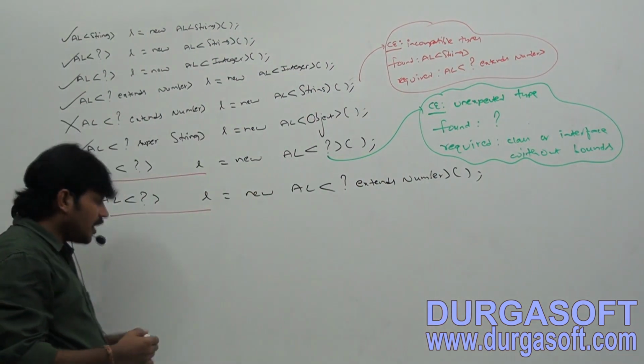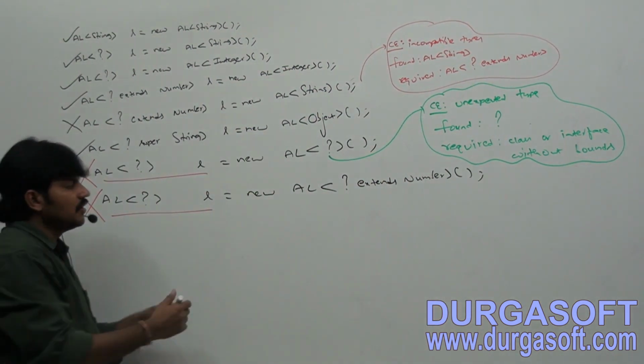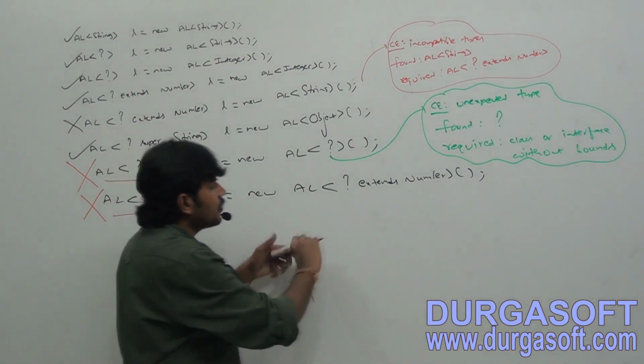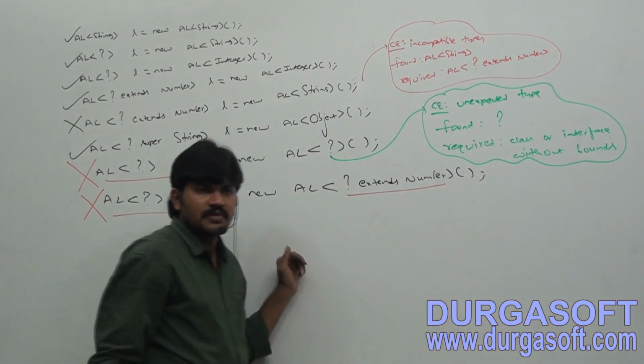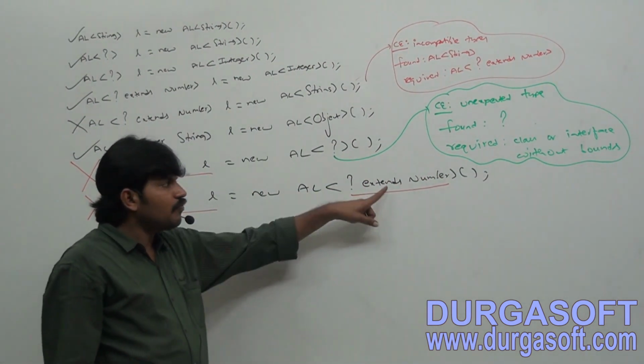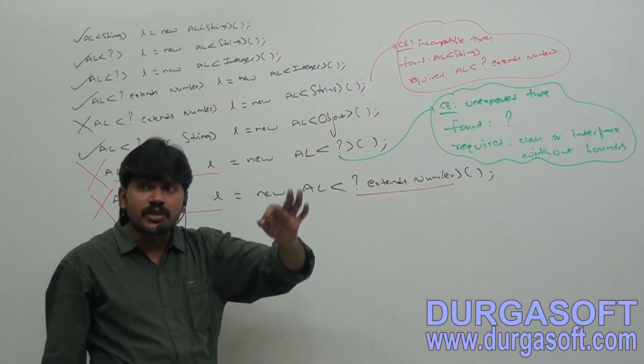The same here also. With ? extends Number on the right hand side, compulsorily we have to take a class or interface without bounds.